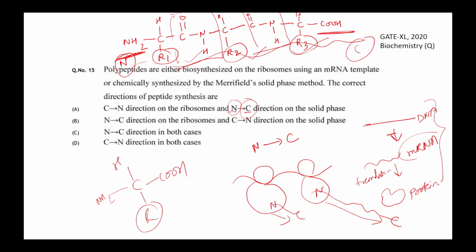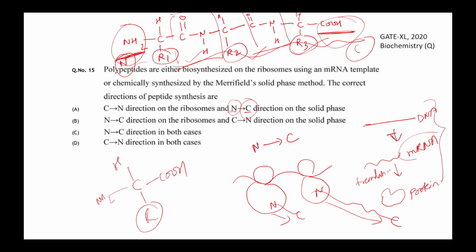So C and N refer to the free carboxy terminal and the amino terminal, and accordingly it has been asked what the direction of the synthesis is. In ribosome synthesis, the polypeptide synthesis takes place in the N to C direction.